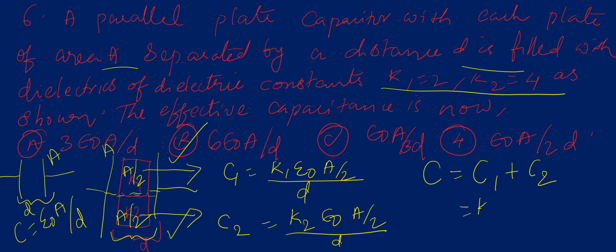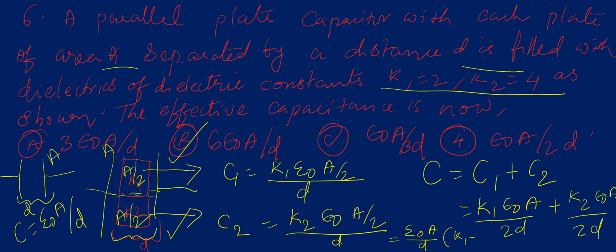That is K1 epsilon 0 A divided by 2D plus K2 epsilon 0 A divided by 2D, or we can write it as epsilon 0 A by 2D into K1 plus K2.